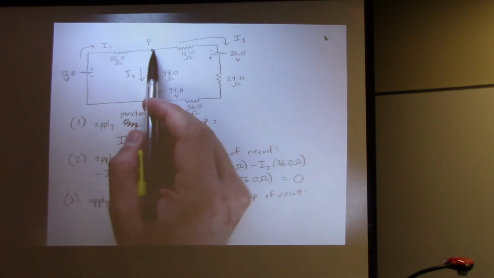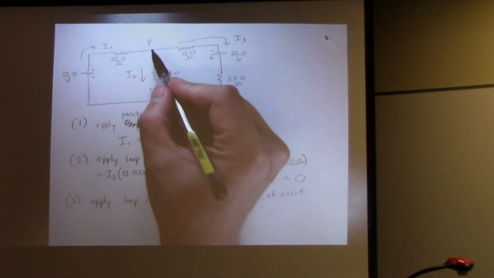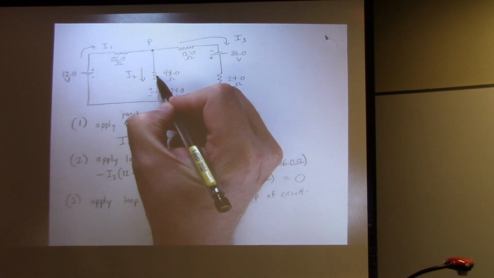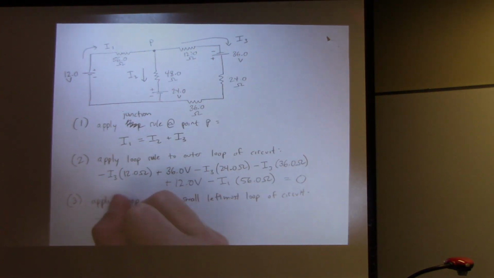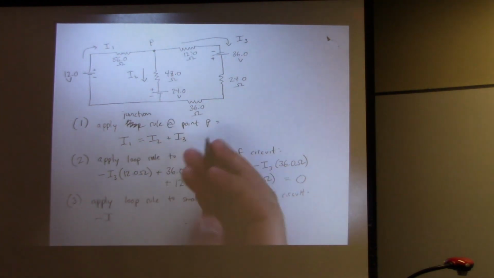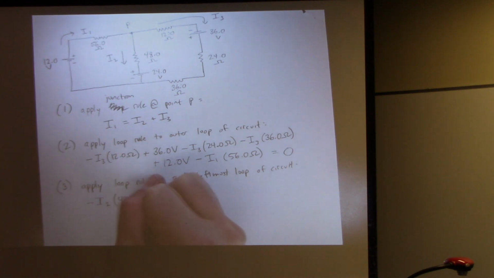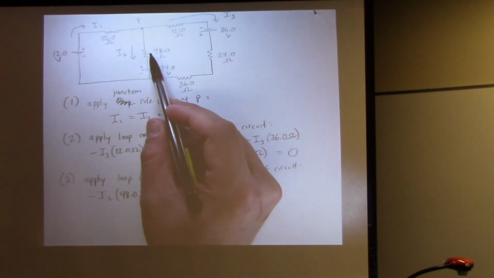So we'll start at point P, go clockwise as before. And so the first thing we encounter as we go across this loop is this 48 ohm resistor. Now in this case, we're going to cross it in the same direction as the current I2. So I have minus I2 times 48.0 ohms. And that's the voltage decrease across this resistor.